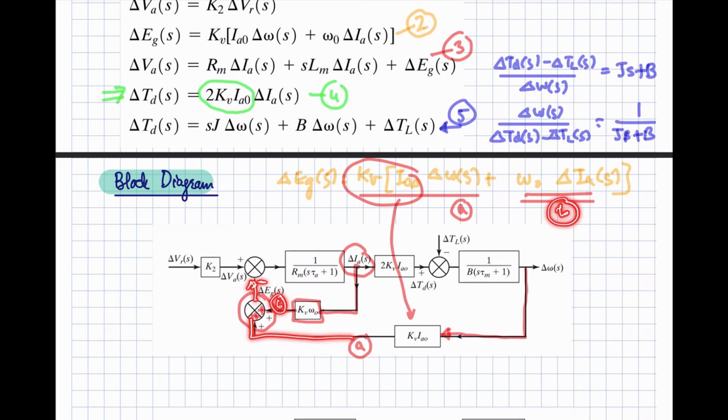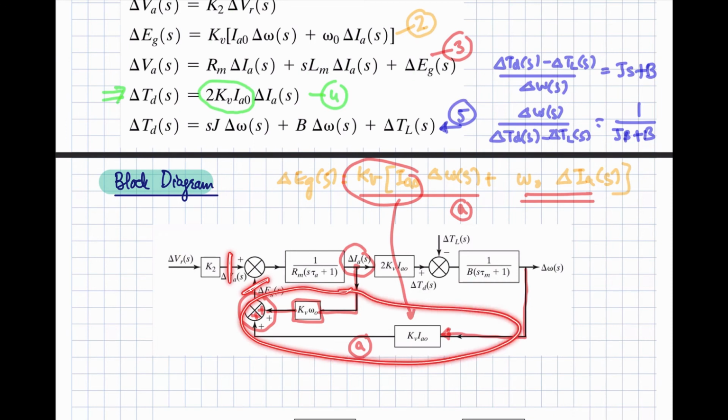So this is going to be added with this delta VA with the negative sign over here, right? So we can implement this equation. For that we were requiring delta VA minus EGS. So delta VA is coming from here and minus EGS is obtained from these two parts.